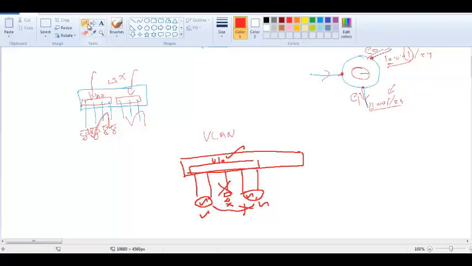To meet your need, this is the answer. Private VLAN. See, the word itself says privacy. Private. So there is a privacy between this group and this group.